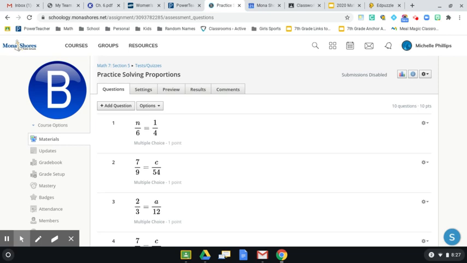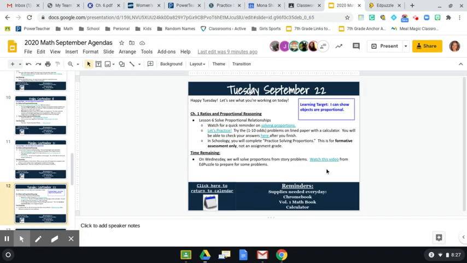And so it's for us, Mr. Terpstra, Mr. Whalen, and myself, just to see how you're doing with solving proportions. Again, it's not scored. It's not going in the grade book, but we need it so we know moving forward, how much more emphasis or practice we need to put into proportion work, solving for that missing variable. Okay. So that'll be the third thing that you do.